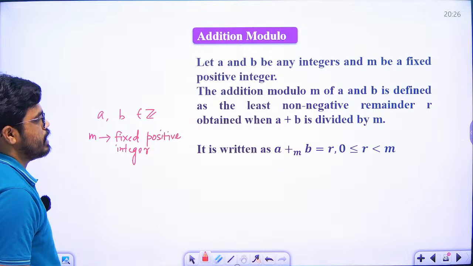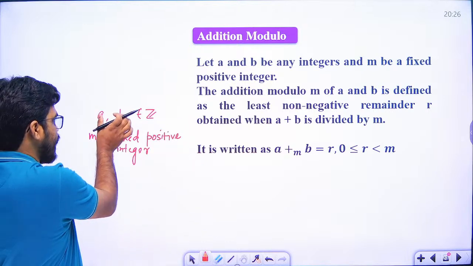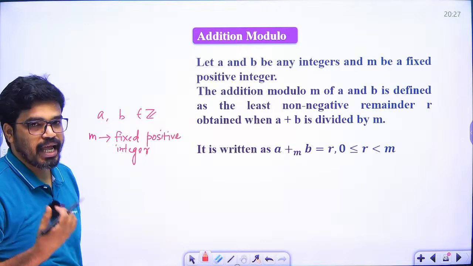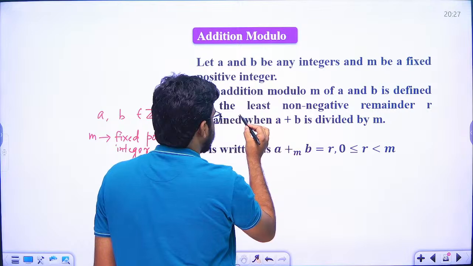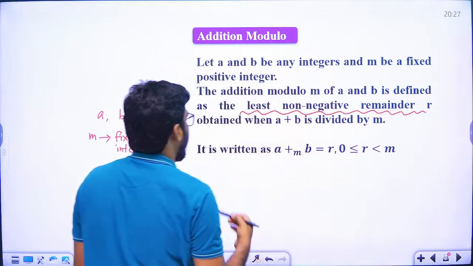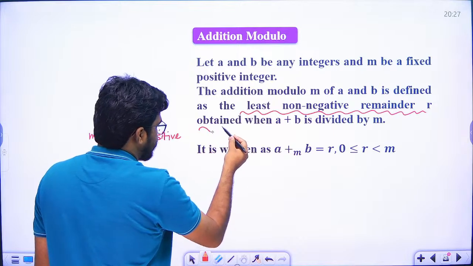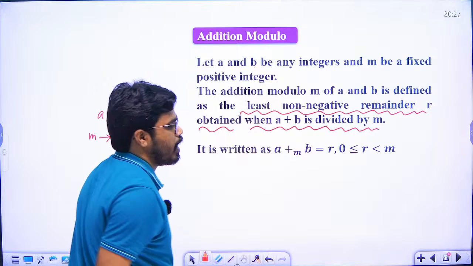Okay, the addition modulo m of the integers a and b is defined as the least non-negative remainder obtained when a plus b is divided by m.